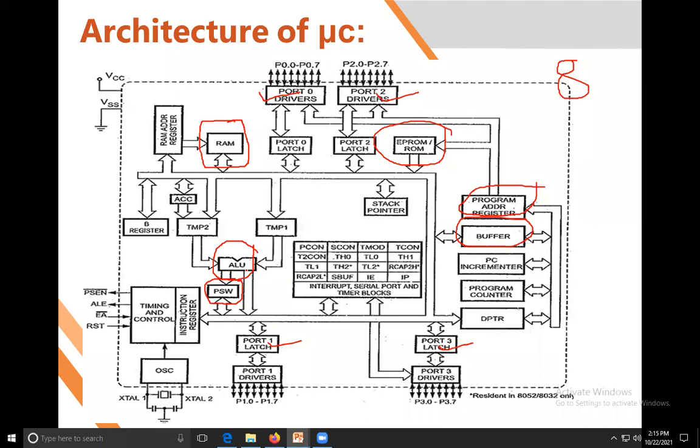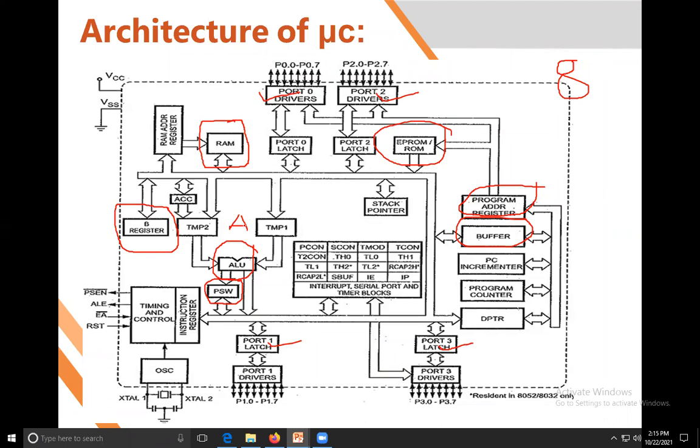Next part, one by one. Another is the register B. See, it is a very important register. The accumulator is called register A, and B is another register. B is used in calculations, that is, for multiplication and division.